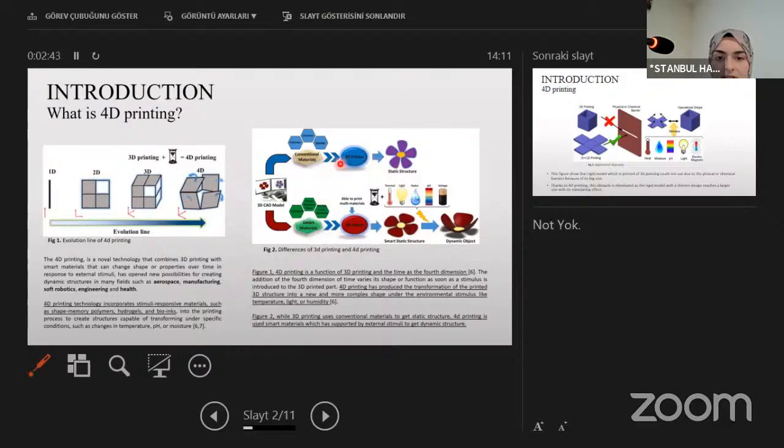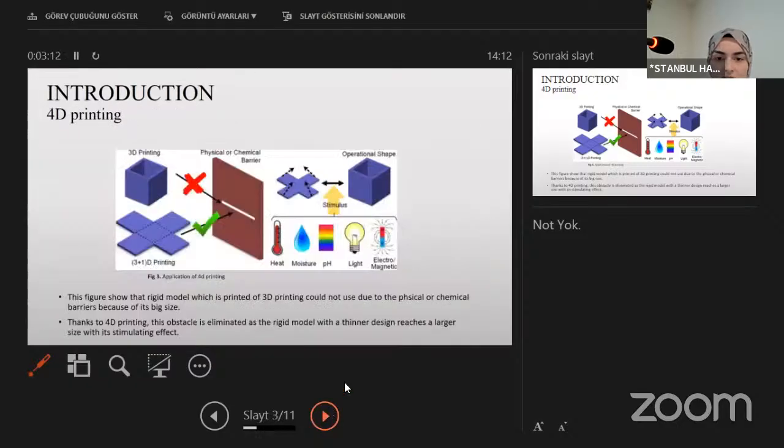In 3D printing, we use conventional materials such as polymers, ceramics, and metals to get a static structure, but 4D printing uses smart materials such as hydrogels, bioinks, and shape memory polymers, supported by external stimuli such as thermal, light, and hydro, to get a dynamic structure.